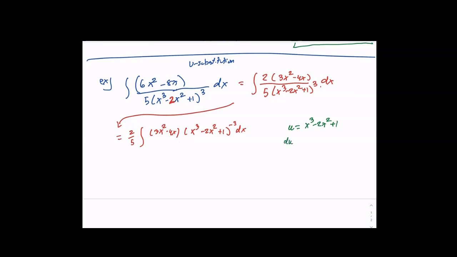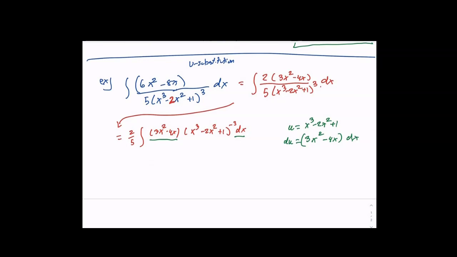My du in this case would be what? 3x to the second power minus 4x, close parentheses, and dx. And that's nice because, boom, there is where I see that piece right there.